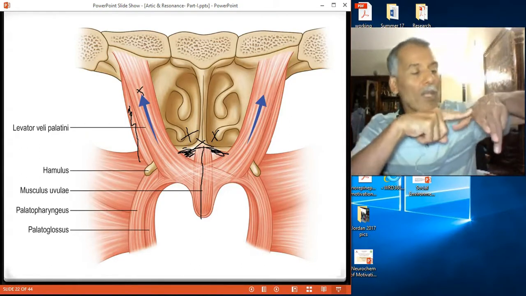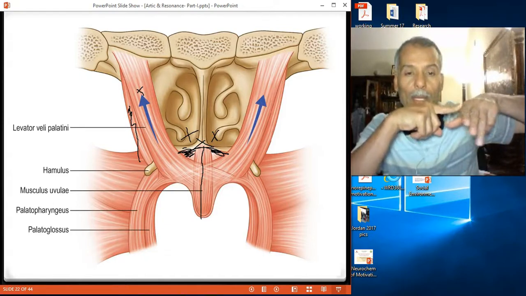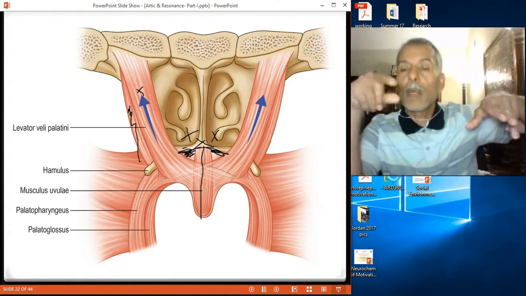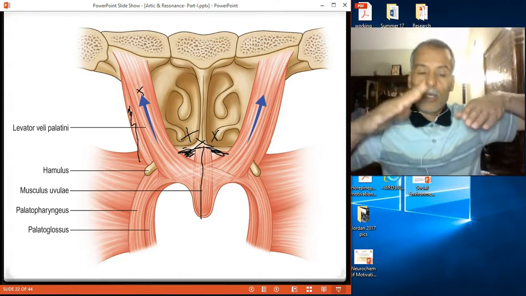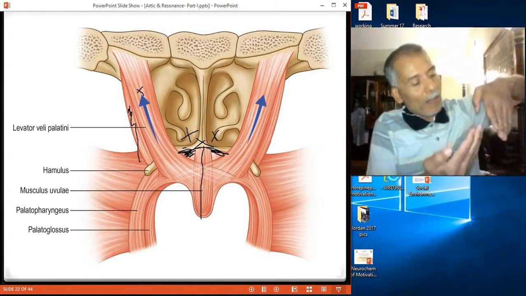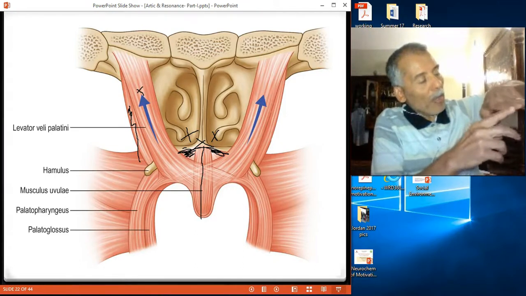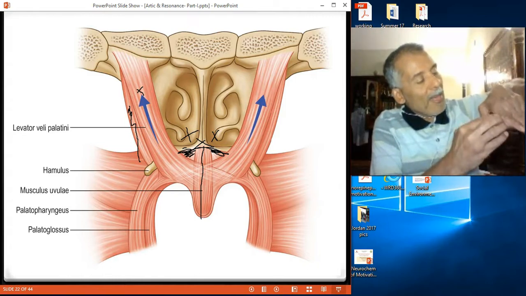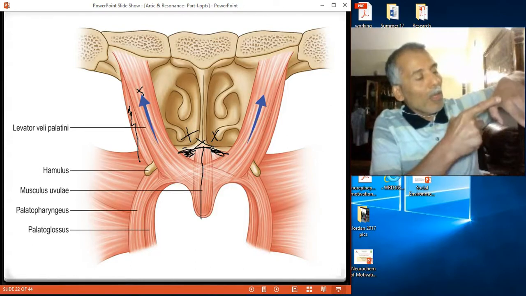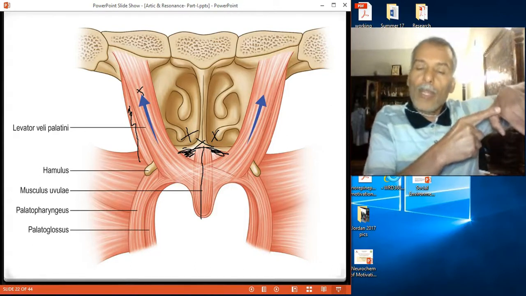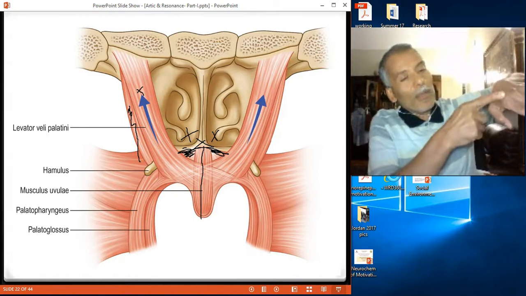And then the other muscle, the palatopharyngeus, when it is forming, the tendon comes in, connects with the margin of the palatine bone, and then it goes over the Musculus uvulus and connects with the other side.